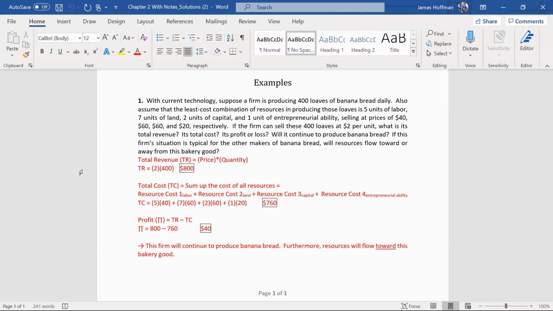Right? So for labor, we need 5 units, and each unit costs $40. So for labor, 5 times 40 goes here.